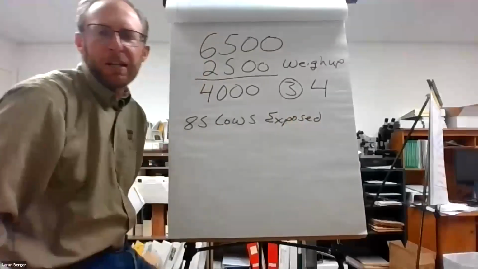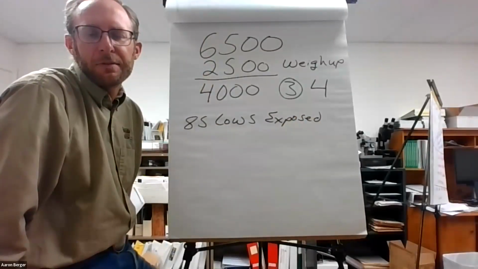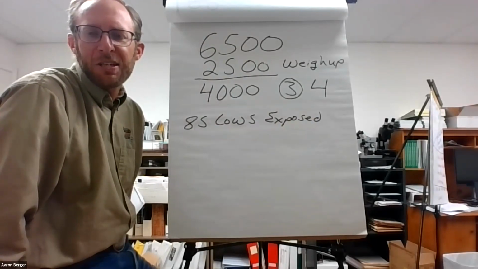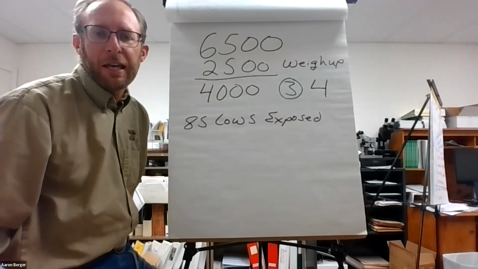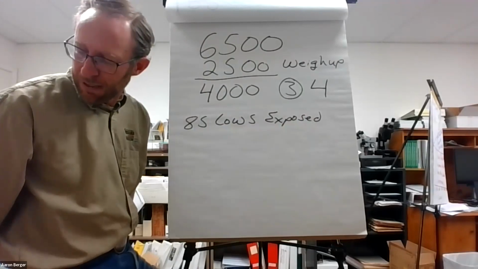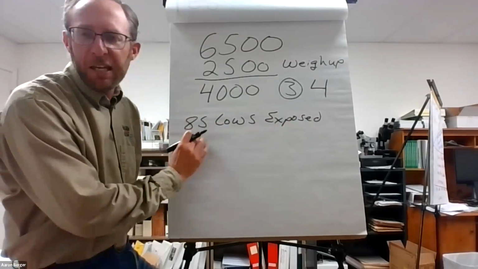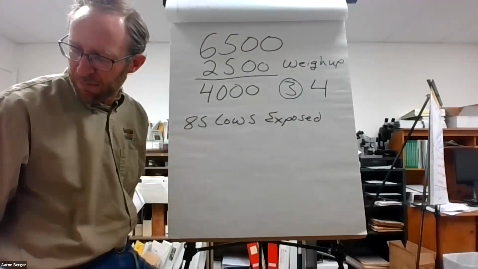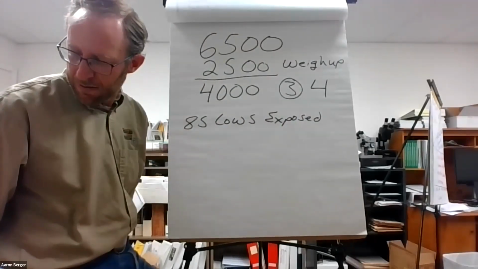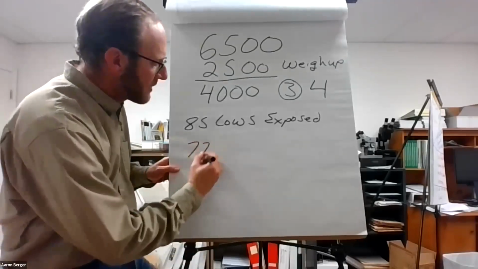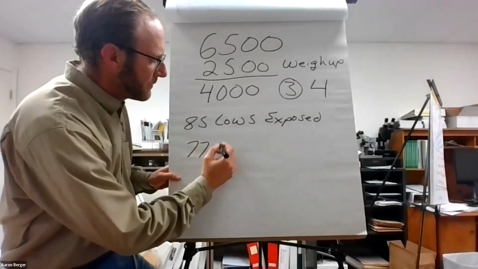What am I going to get for a pregnancy rate? What do you think? 90%? 92? What do you think? 85, 90. All right, let's just put 90 in. So I expose him to 85 cows and I get 90% bred. That means I roughly got 77 cows that are going to have calves from this bull.